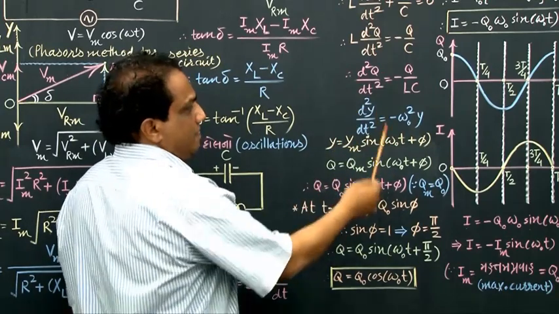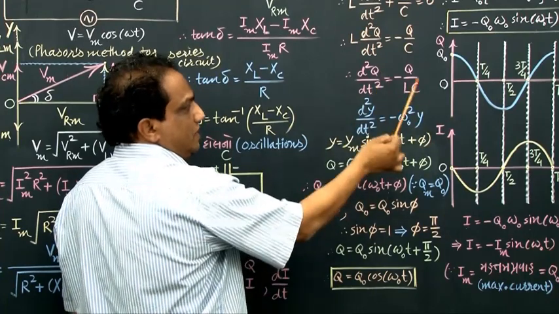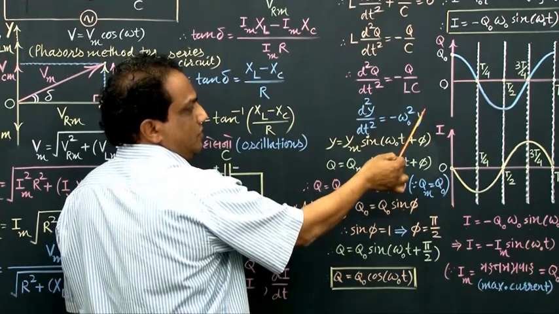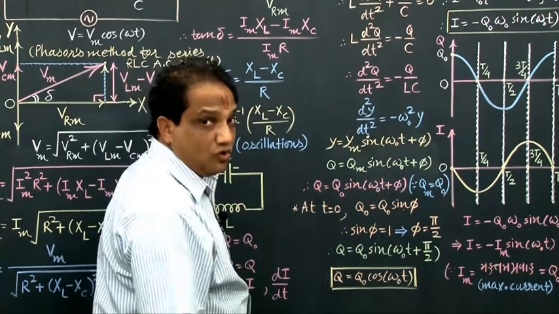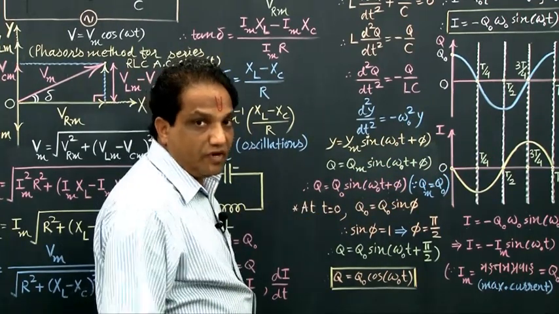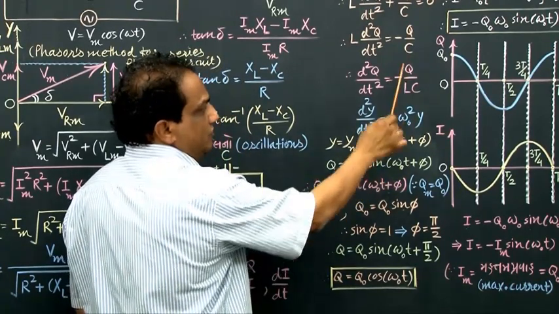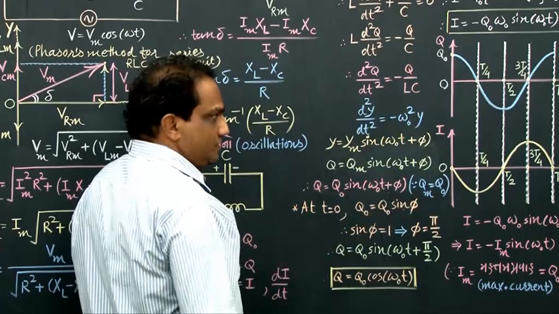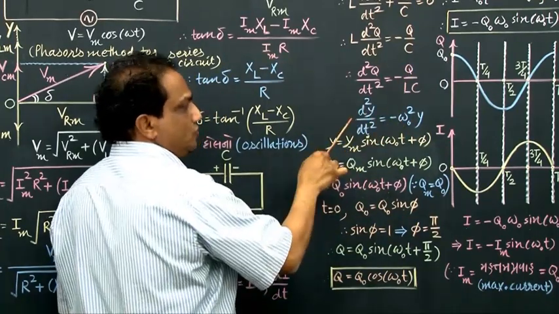If you match, then y, the displacement, is similar to charge. And don't you know the formula of omega 0? 1 upon under root LC. If you take square, omega 0 square is equal to 1 upon LC. I mean to say, this differential equation is quite similar to this.